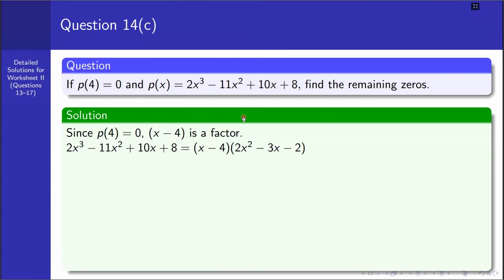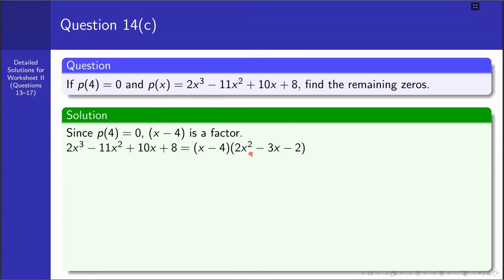Therefore, 2x cubed minus 11x squared plus 10x plus 8 can be expressed as x minus 4 times this quadratic expression. This quadratic expression could be obtained by dividing this cubic polynomial function by x minus 4. This is already the quotient. The remainder is already 0 because x minus 4 is a factor of this cubic polynomial function.